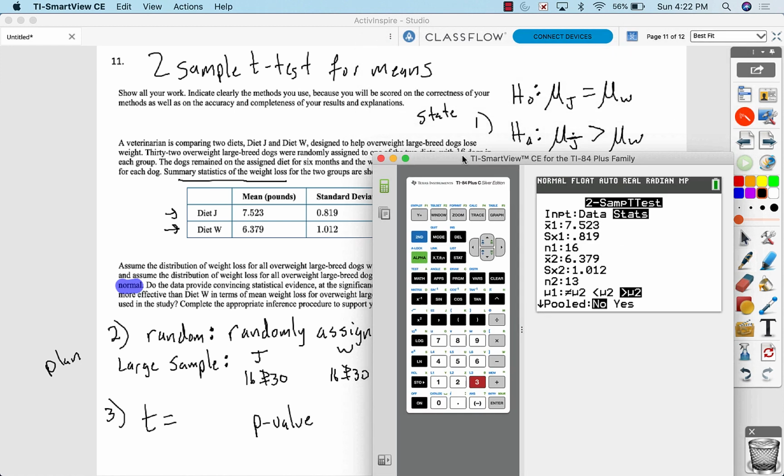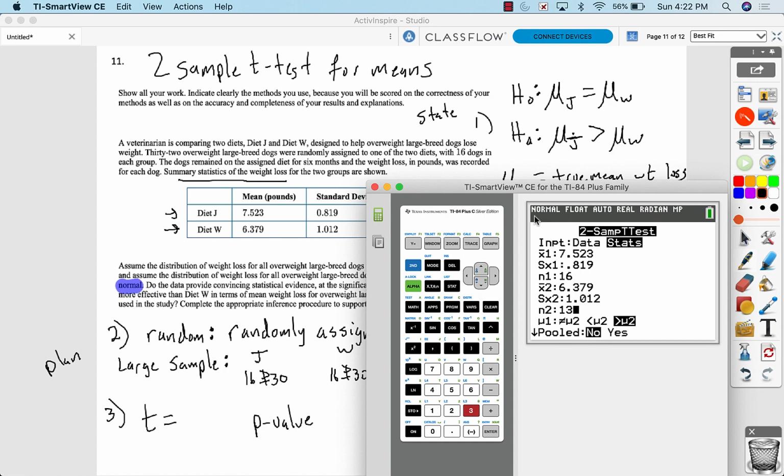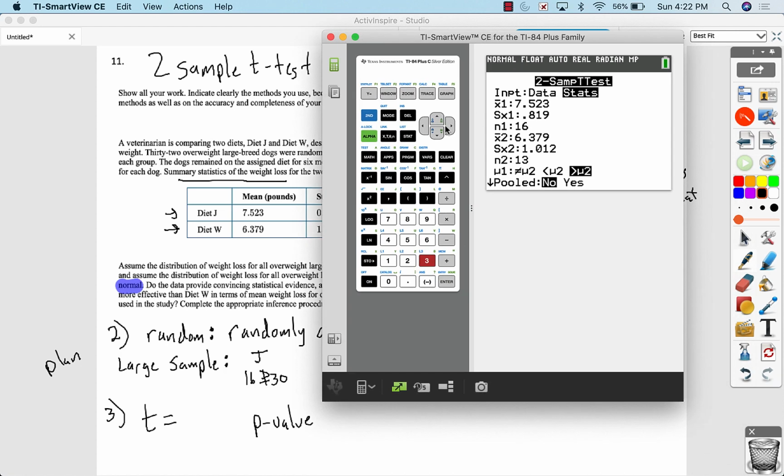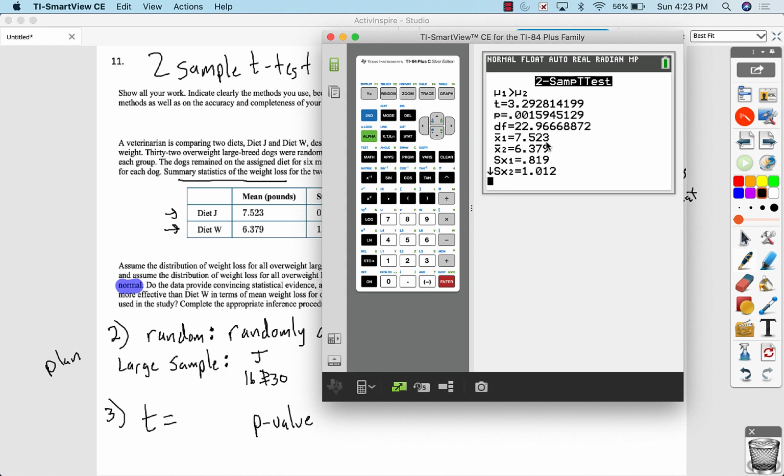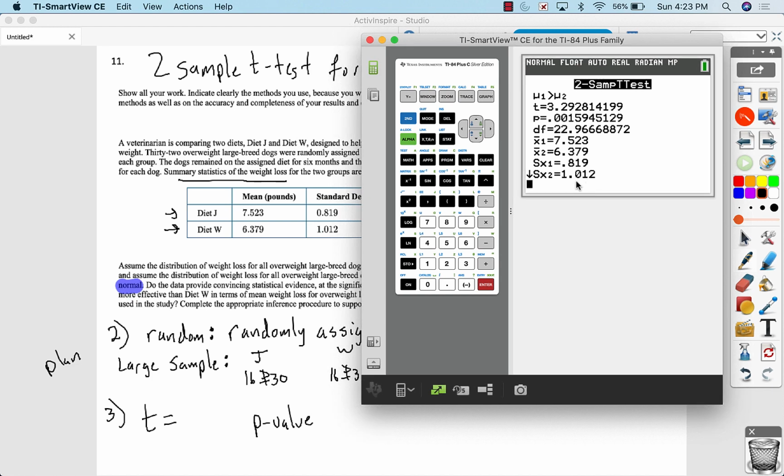Okay? That sign should always match your HA, which it does. That's it. It's a right tail test. See what we have. Okay, 3.29. Let me just make sure I don't have any mistakes. Okay, everything looks legit. So even though the difference wasn't that big, this showed a significant difference, probably because these standard deviations were so small.